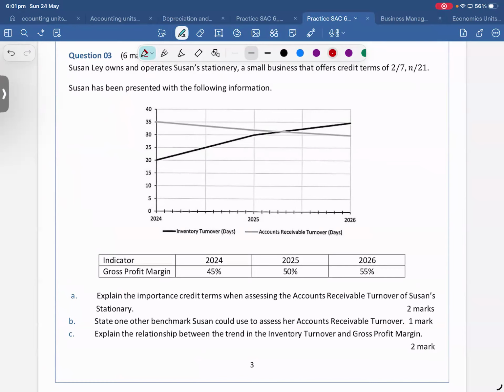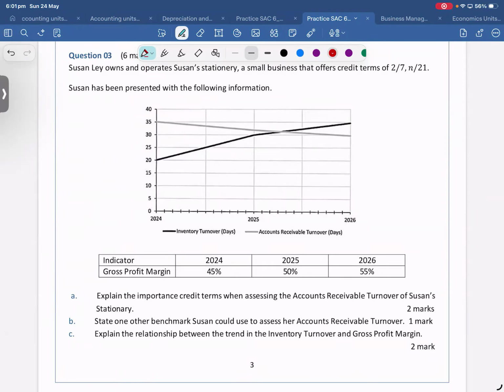So basically, guys, when assessing the accounts receivable turnover, meaning we are evaluating it, what do you mean by evaluate or assess? If the accounts receivable turnover is good or bad, how do we know? We compare this one with benchmarks.